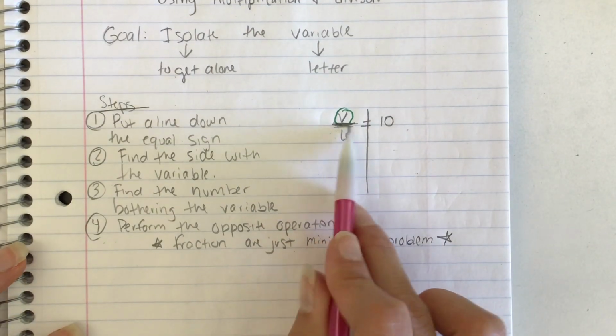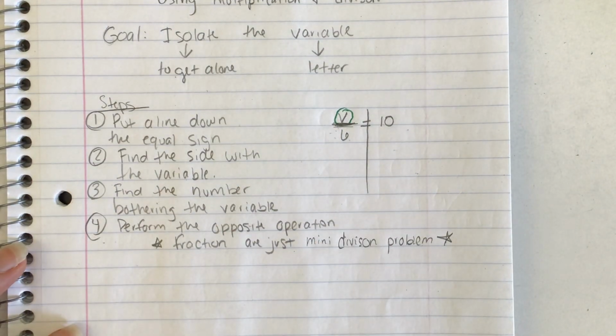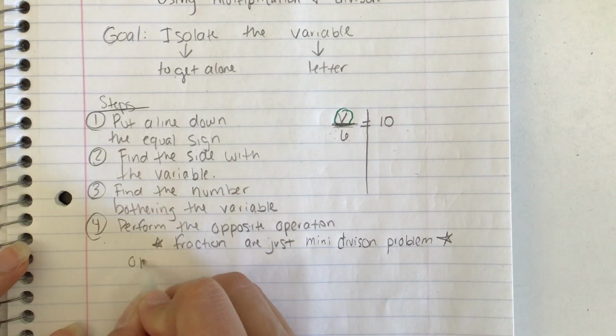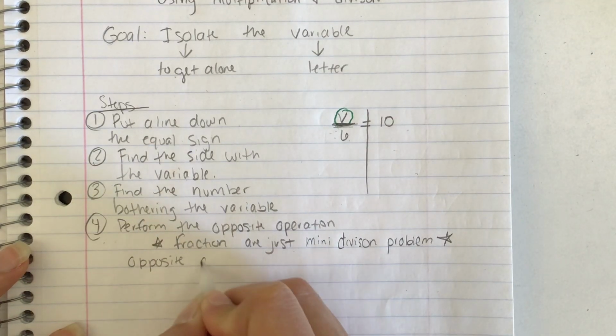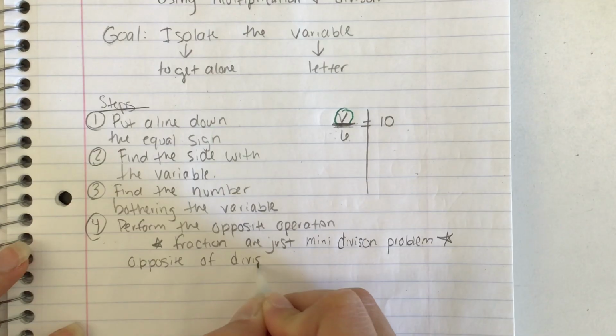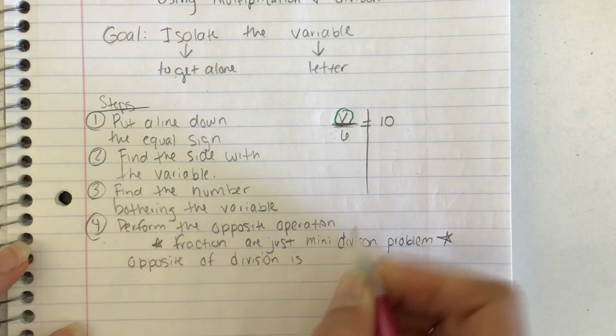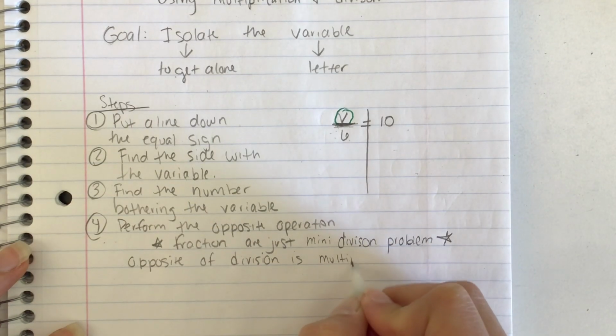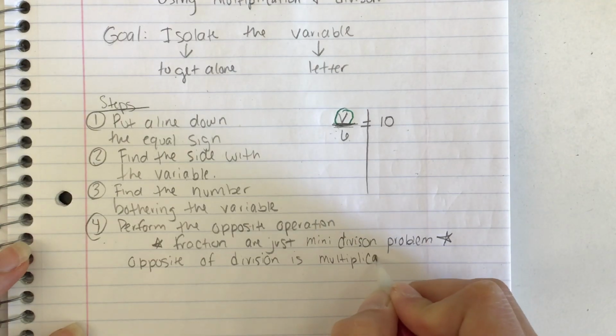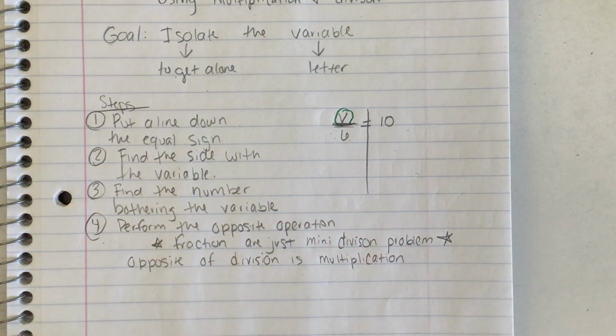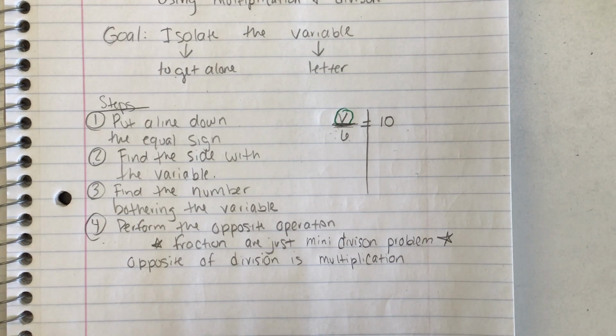So if we see our little line right here, that means that's division. The opposite of division is multiplication. And vice versa. The opposite of multiplication is division.